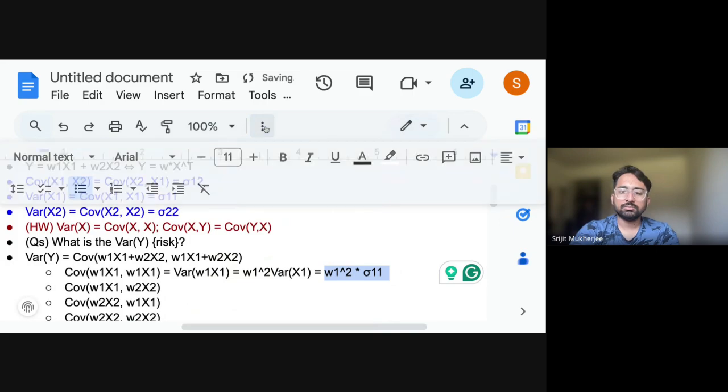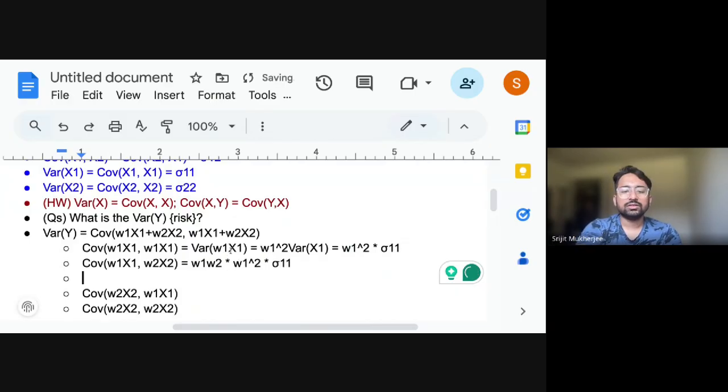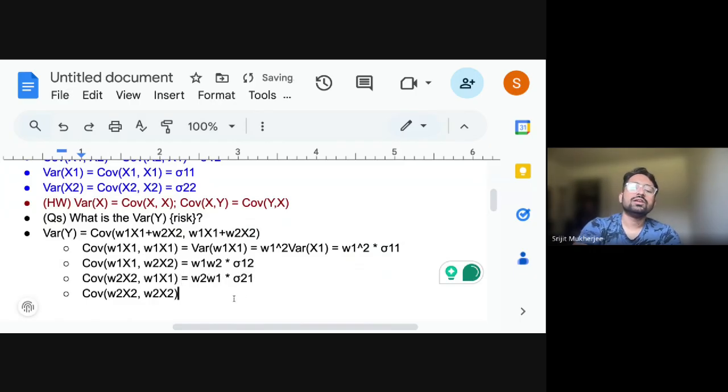So this is what I mean by the mathematics. Similarly, here it will be w1 w2 times sigma 1 2. Similarly, here it will be 2 1 and 2 1. It will be w2.